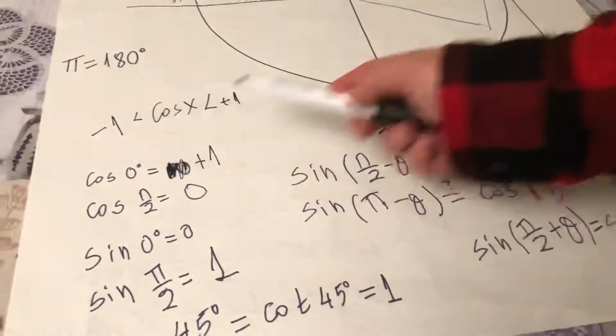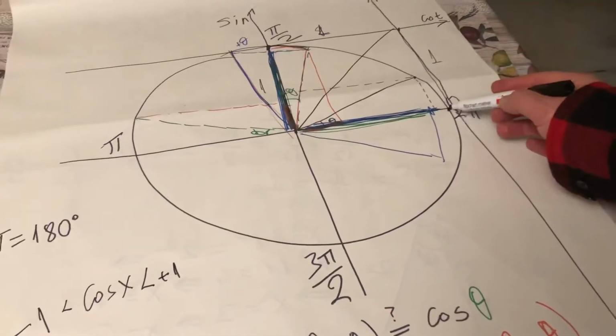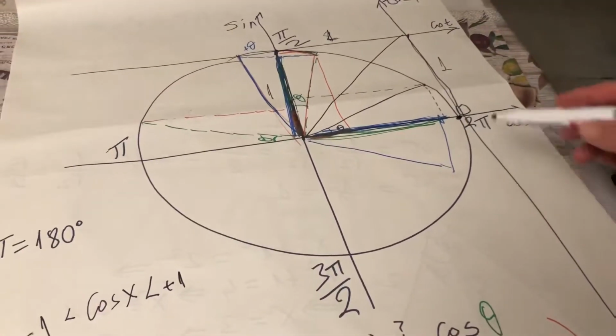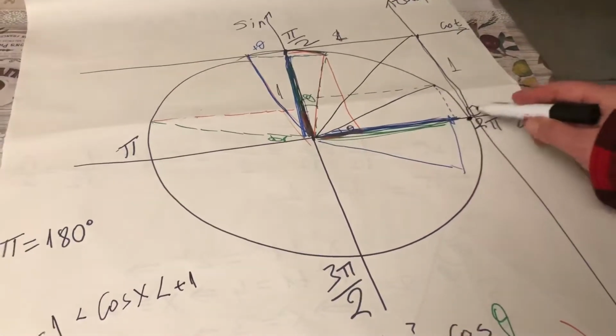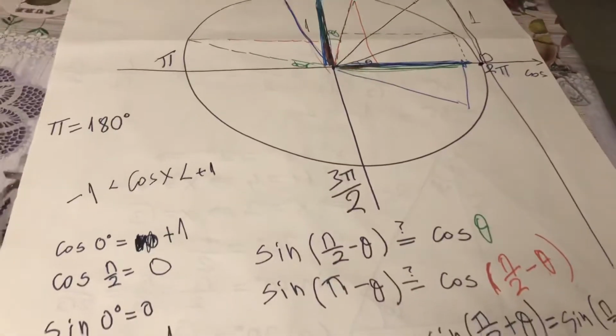So the point where the 0 angle intersects with cosine is the one with length equivalent to 1. Okay, we can continue now after the correction.